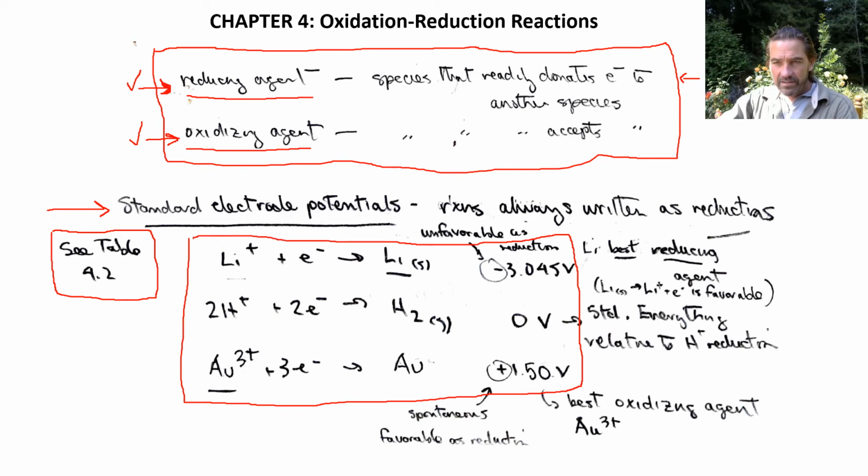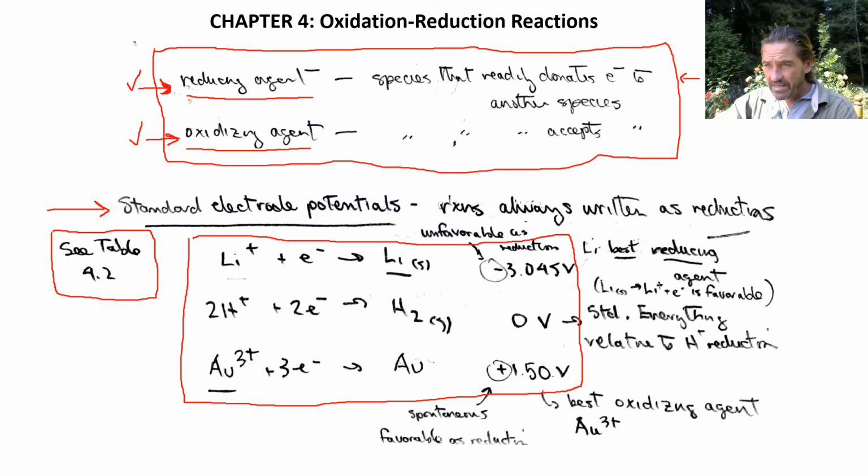When we look at the tables, just note all the reactions by convention are always written as reductions. That is just to keep the situation simplified. We can always flip an equation, and if we flip a reduction reaction, we have now written an oxidation reaction. That's the only difference between a reduction and oxidation reaction, is what side the electrons are on.